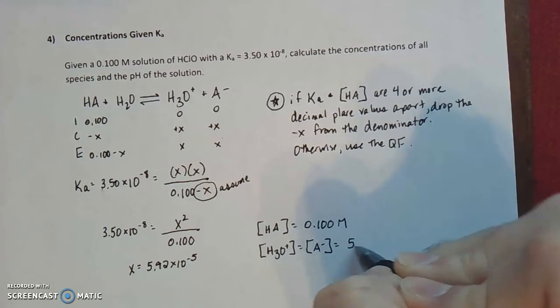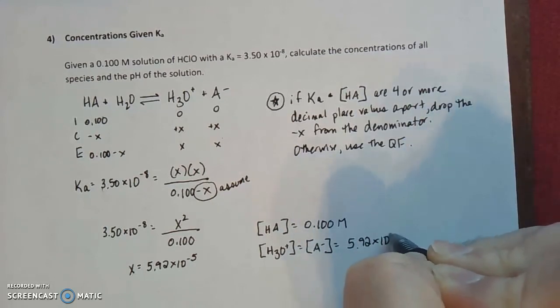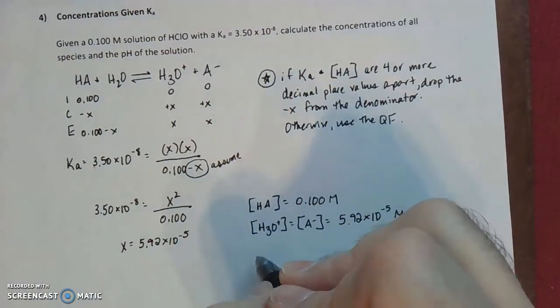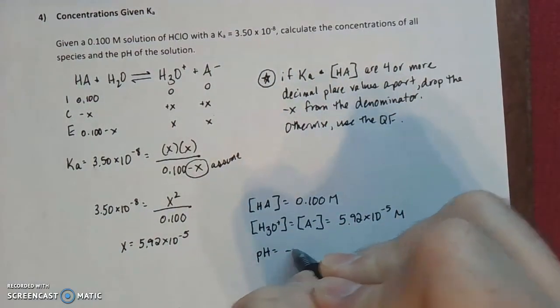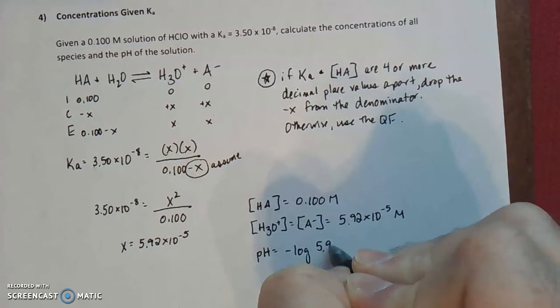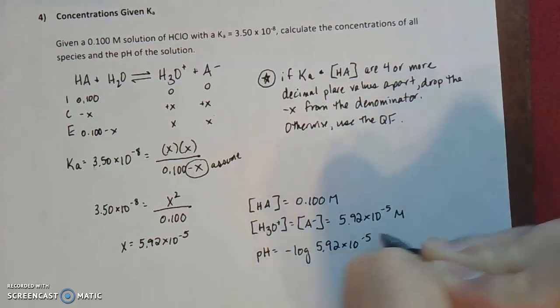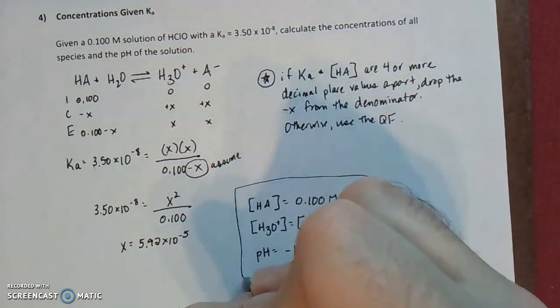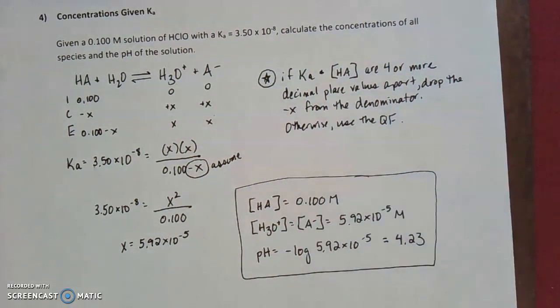But H3O plus is 5.92 times 10 to the negative 5th molar, and A minus is the same thing. And then we can calculate pH by taking the negative log of 5.92 times 10 to the minus 5th, and we get 4.23. There are the answers.